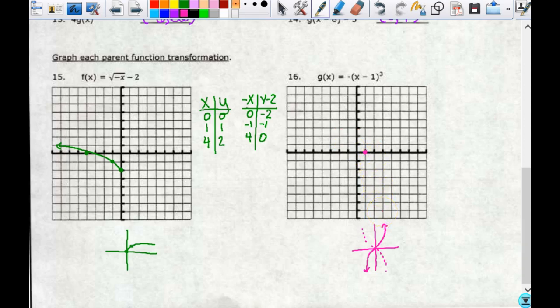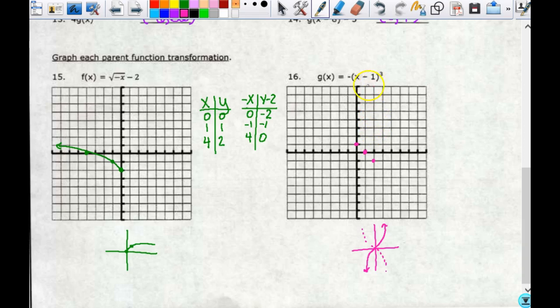If you don't know what your key points are and what you need to do with them, make yourself a little table. If I had the original one, 1, 1 would have been 1. So all that happened was that I made that negative 1, 1, and then I moved it over. So there's that. And then here's the other one. But remember, this is not linear, it's cubic. So the other one I would have had would have been 2, 8.